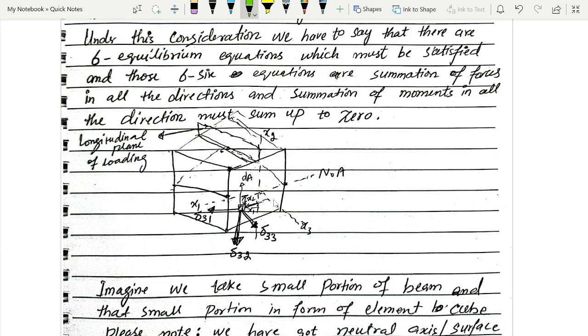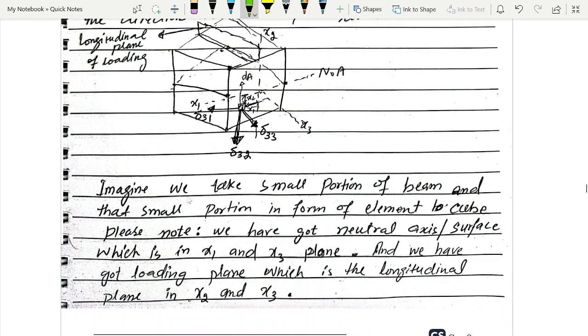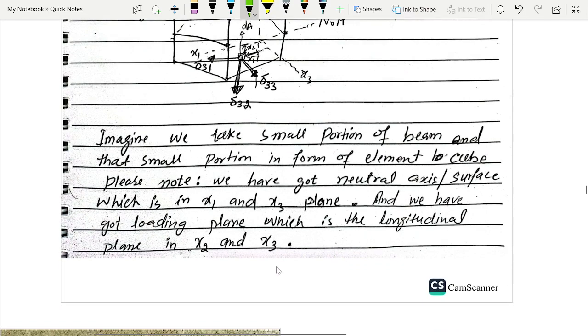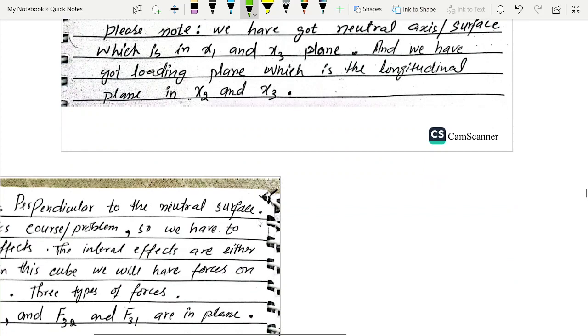We have three directions: x2, x3, and x1. Imagine we take a small portion of a beam, in the form of an element cube. Please note that we have the neutral axis, which is in the x2 and x3 plane. And we have the loading plane, which is in the longitudinal plane in the x2 and x3 direction.